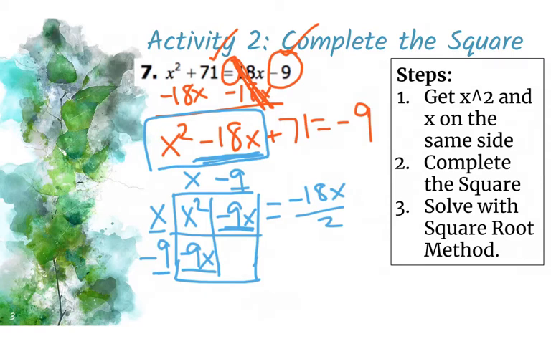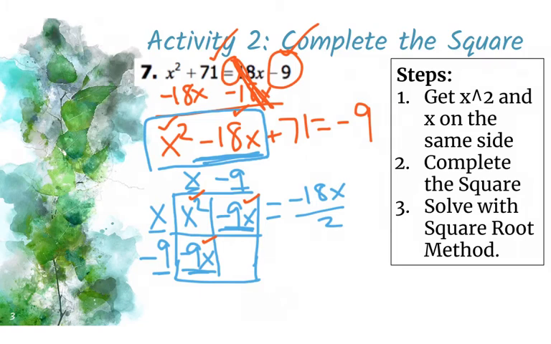So I've got x squared, and negative 9x minus 9x gives me negative 18x. I'm not worried about the other terms, just those two right now. Now, I want to fill this out. I want to complete the square there. So think about how you might do that.